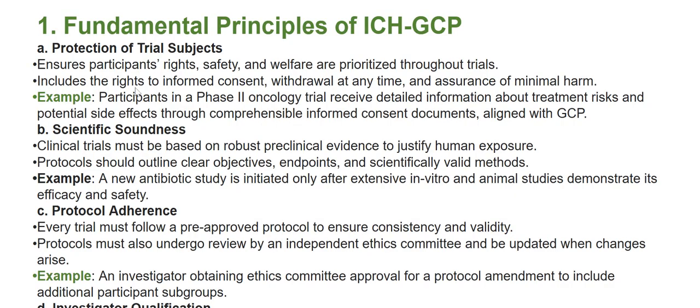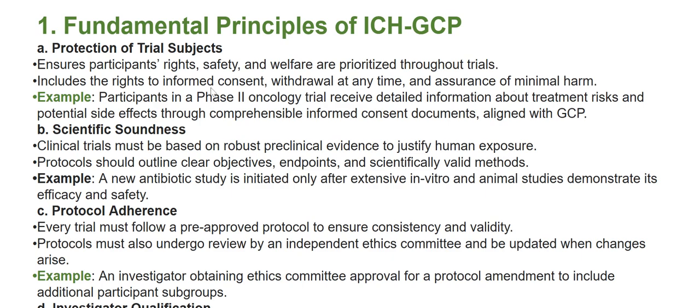So protecting what exactly? It ensures participants' rights, safety, and welfare are prioritized throughout the trials. It includes the rights to informed consent, withdrawal at any time, and assurance of minimal harm. So patient safety by increasing the benefits and minimizing the harm and the risk.